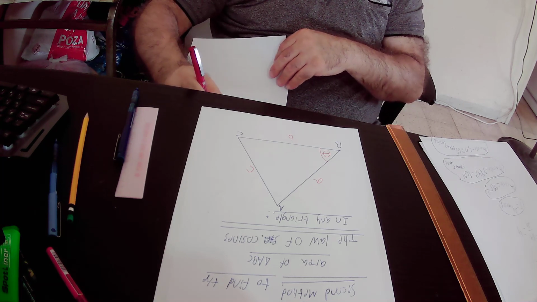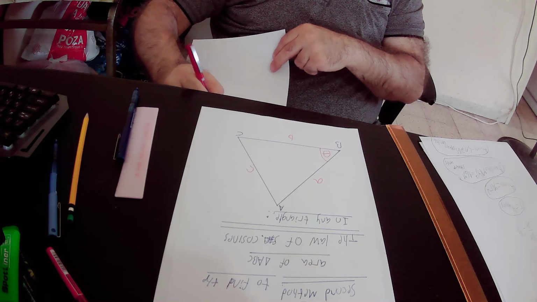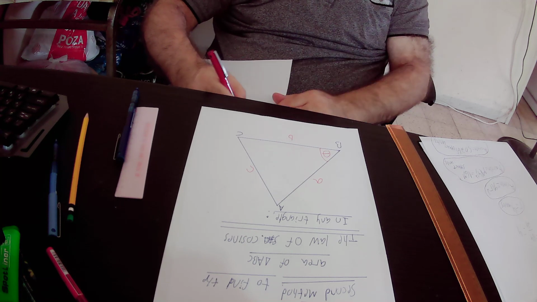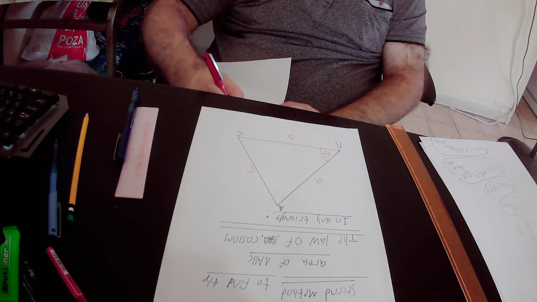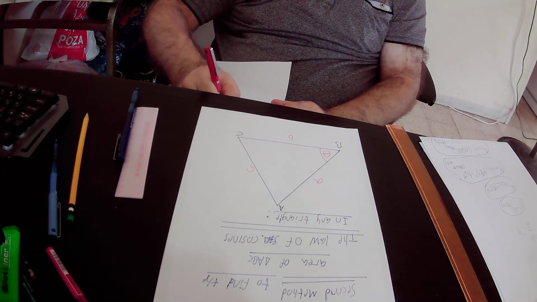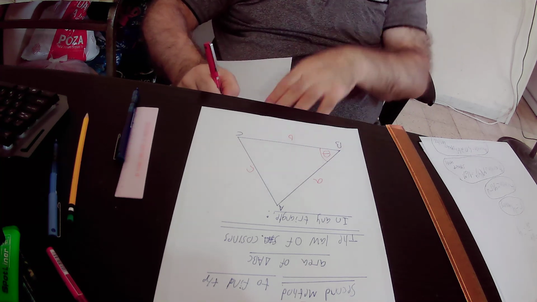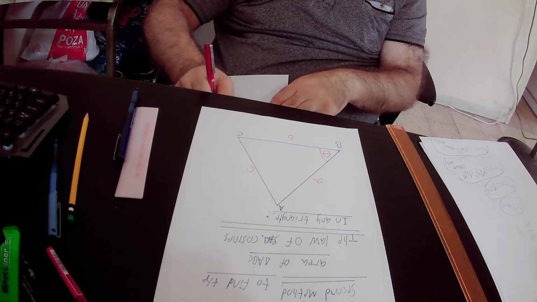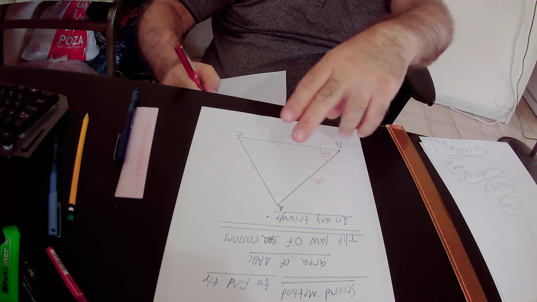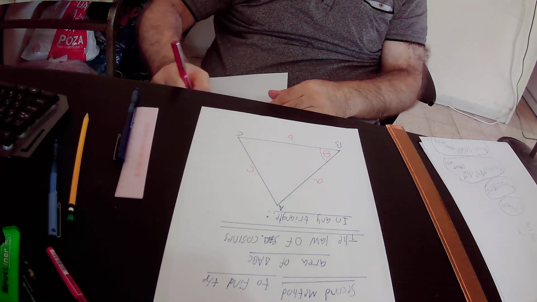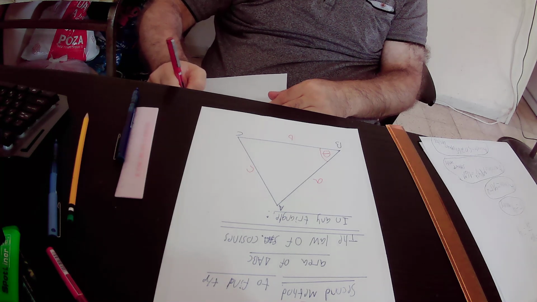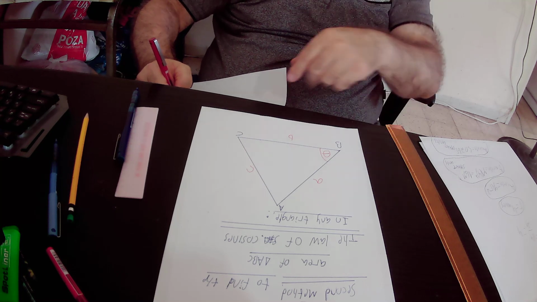Then the following equality is true. C squared equals A squared plus B squared minus 2 times A times B times cosine theta.